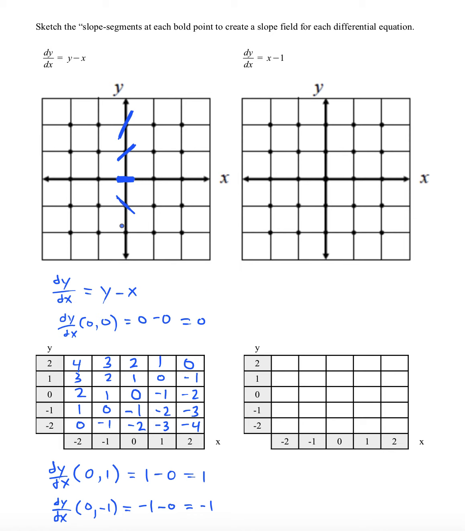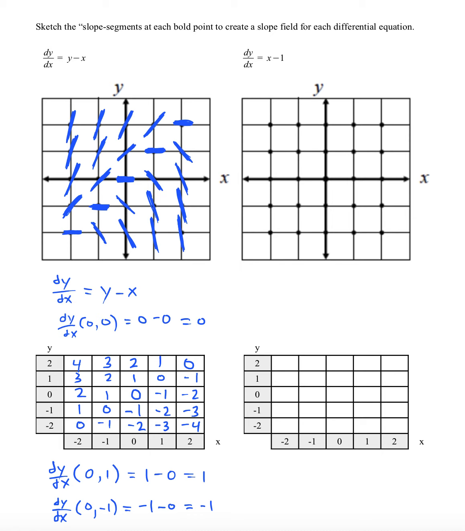And then a -2 slope, which would be like this. And we want to do this for each point in the xy plane. There we go. The slope field is complete.